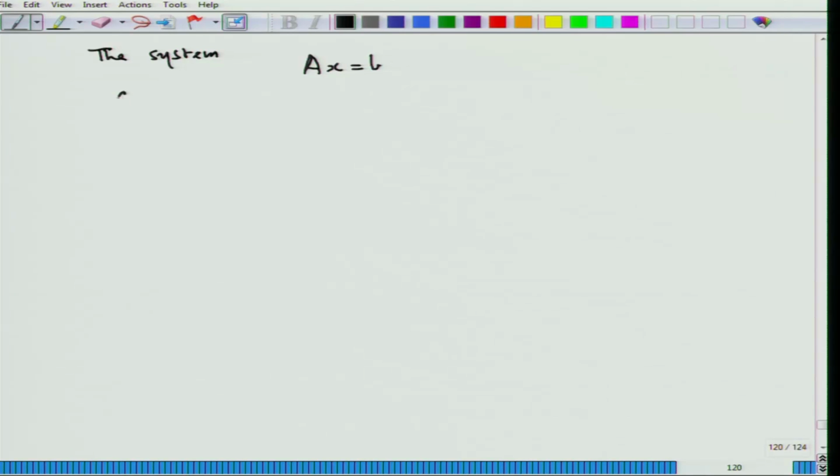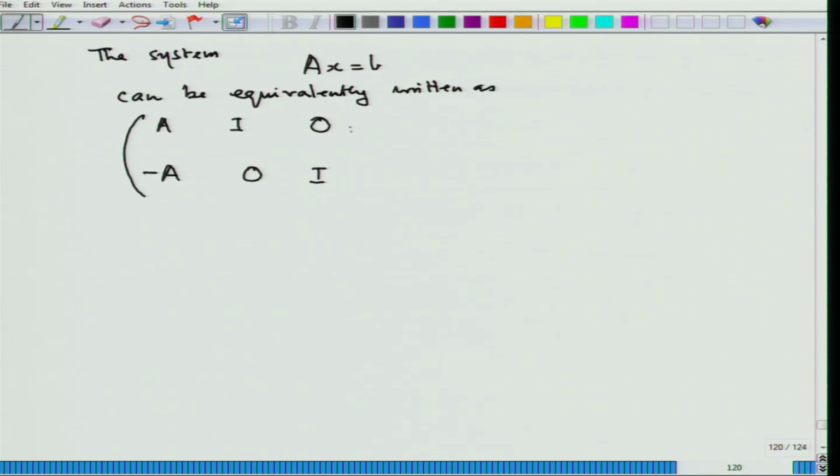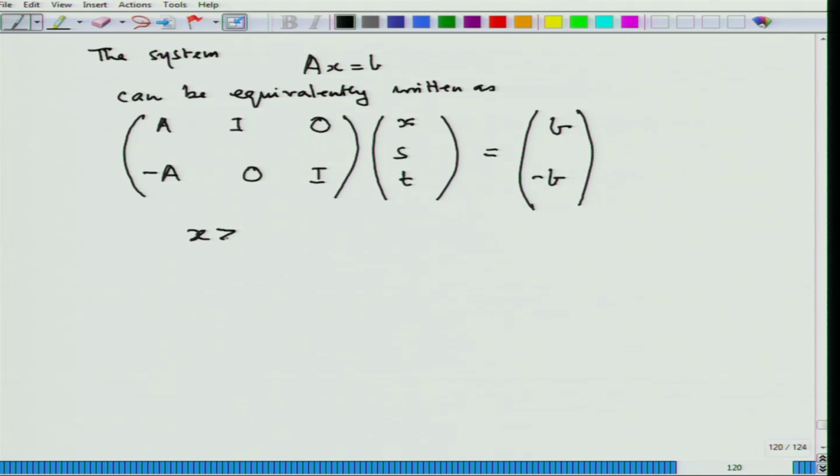So, once you do that, the system A x equal to b can be equivalently written as the following system, and x greater than or equal to 0. So, this is the system.